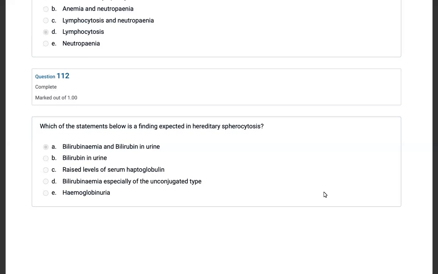Hence, for a hemolytic anemia you're having a bilirubinemia, but this is especially of the unconjugated type. Maybe can someone explain to us why there wouldn't be a bilirubinuria, meaning bilirubin found within your urine?